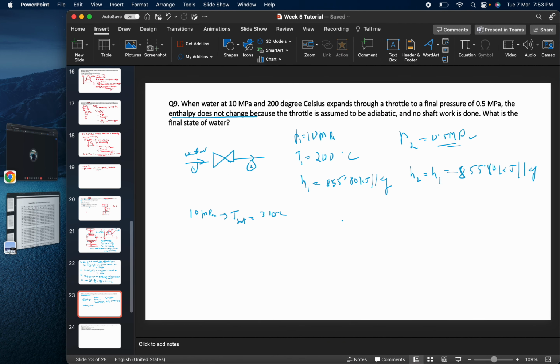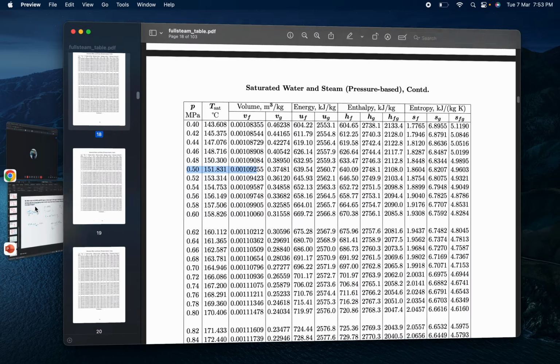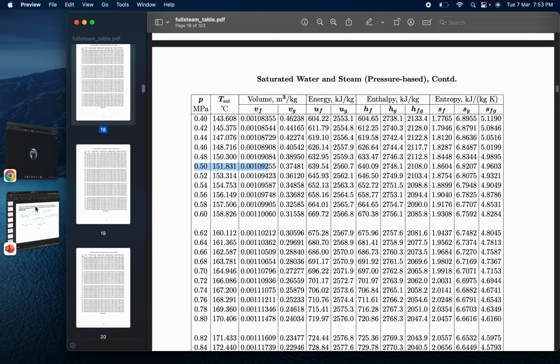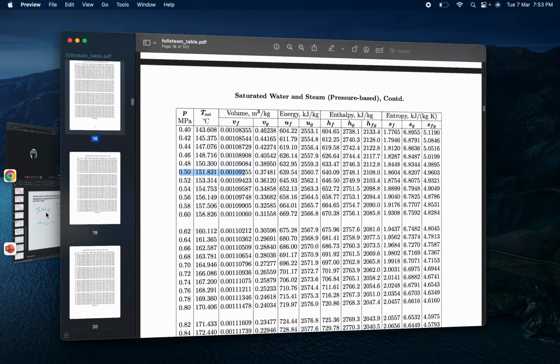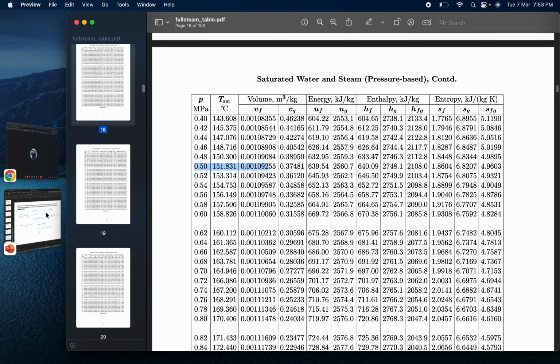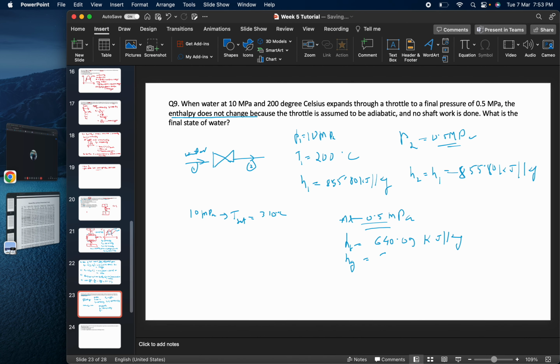At 0.5 megapascal, HF is 640.09 kilojoule per kg, and Hg is 2748.1 kilojoule per kg.